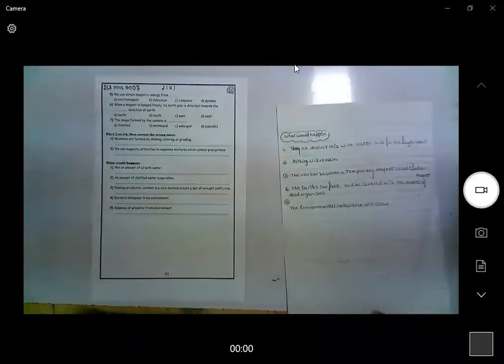What would happen if you mix an amount of oil with water? Number 1, oil doesn't mix with water and forms a layer over it. Number 2, an amount of distilled water evaporated.